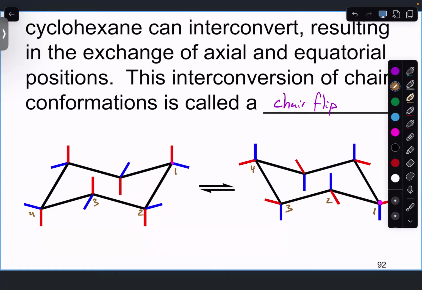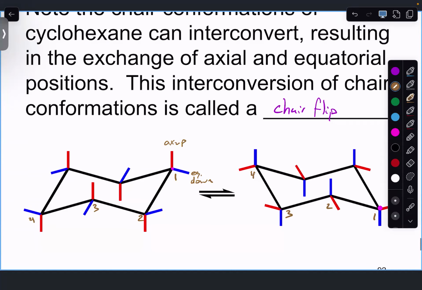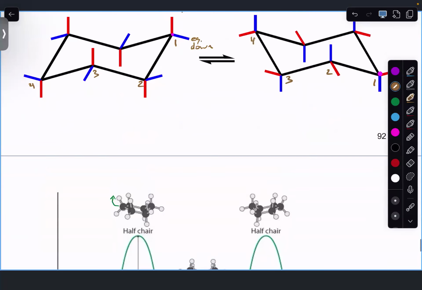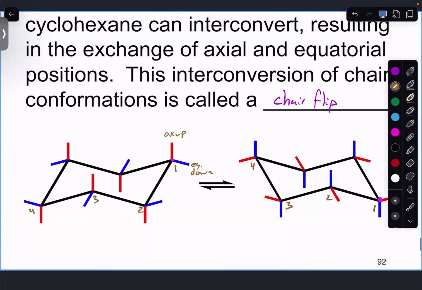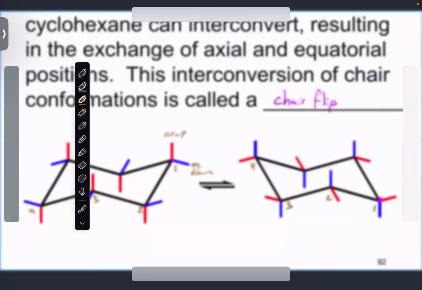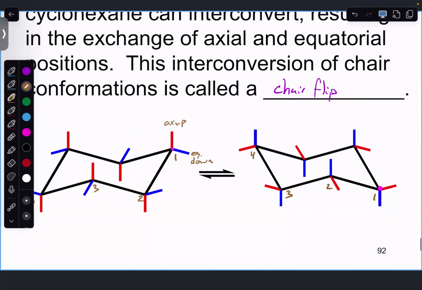So look at carbon 1. In carbon 1 on the left chair, you had axial up, equatorial down. Look at your carbon 1 on the right.